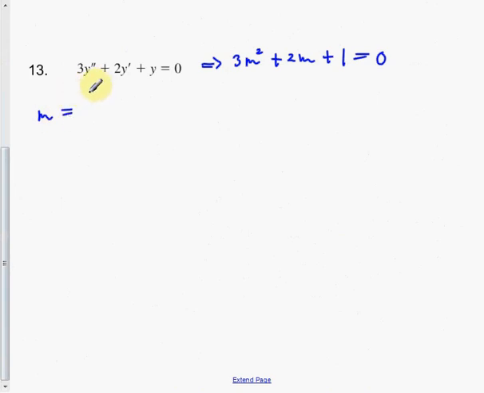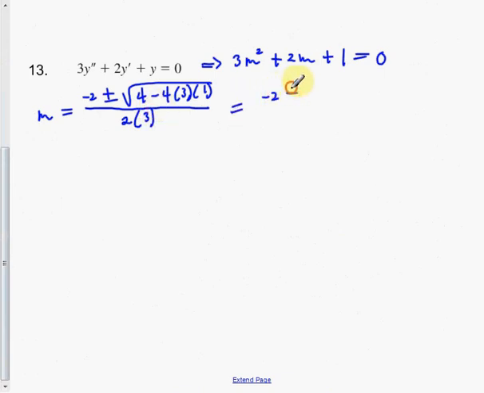So m is equal to negative b, or negative 2, plus or minus the square root of 2 squared, which is 4, minus 4 times a, which is 3, times c, which is 1, divided by 2 times a, which is 3. So we get negative 2 plus or minus the square root of 4 minus 12, negative 8, all over 6.